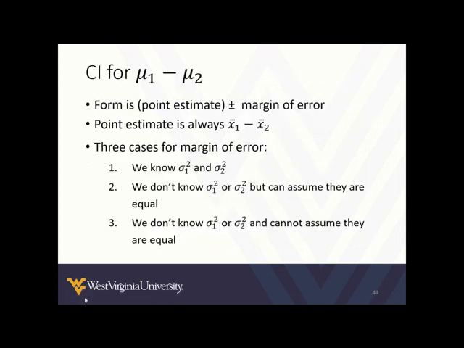And so let us take a look at the actual construction of our confidence interval. So we do still follow the form of that point estimate plus or minus the margin of error. We've established that our point estimate is going to be the sample mean of sample 1 minus the sample mean of sample 2. The only thing that does change is our 3 different options for the margin of error, which is established based on our knowledge of the population variance or lack thereof, and whether or not we assume these population variances are equivalent or not.